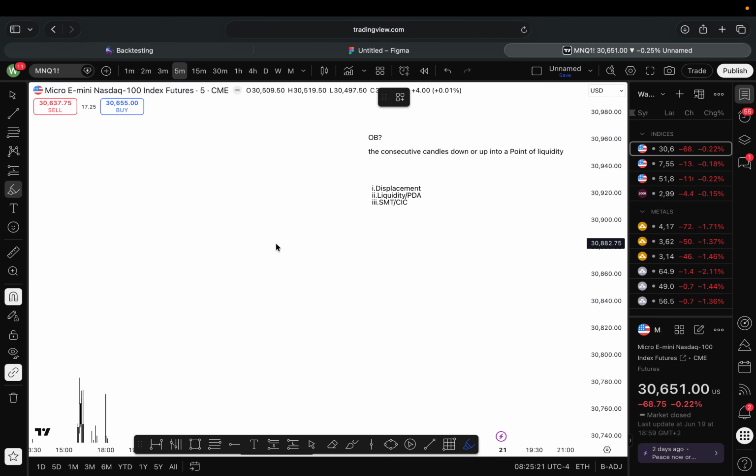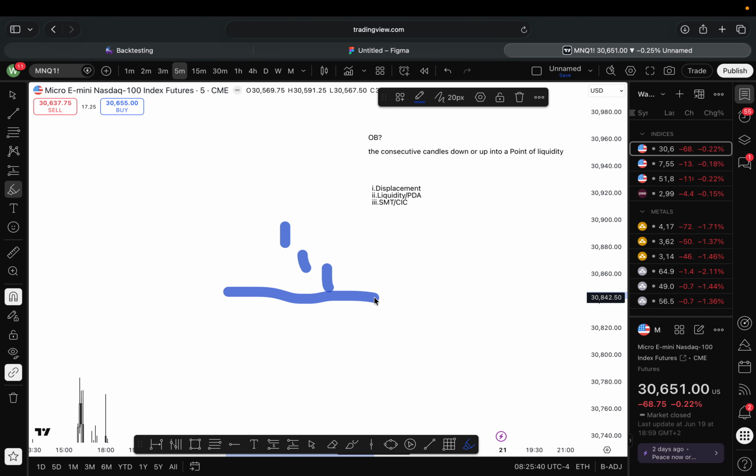So an order block will look something like this. There's a down close candle, down close candle, down close candle, all bearish candles. After this move, it will tap into some sort of liquidity here with SMT.